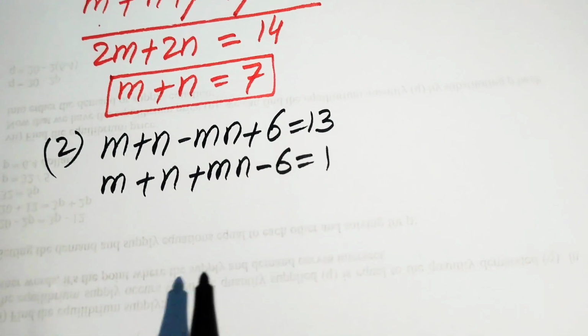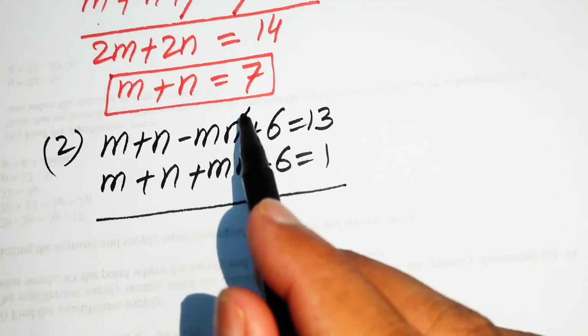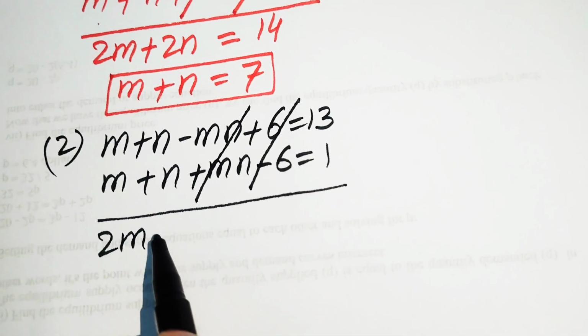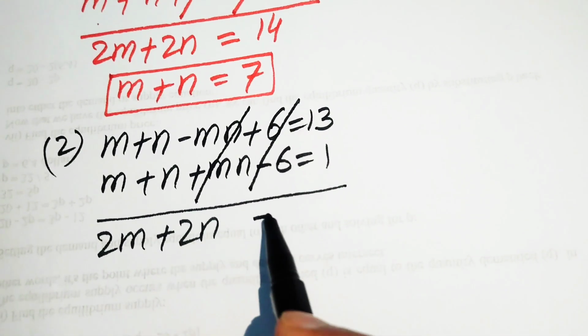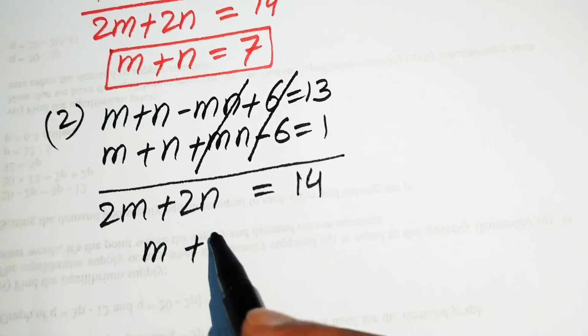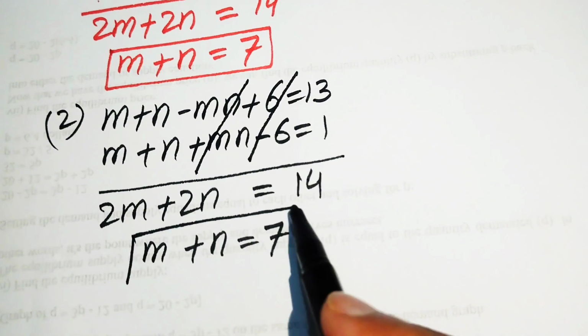So this is our second case, and now again we add these two equations, the positive and negative terms are gone, and these are also gone. So here we get 2m plus 2n equals 14. So in this case we again get the value of m plus n equals 7.